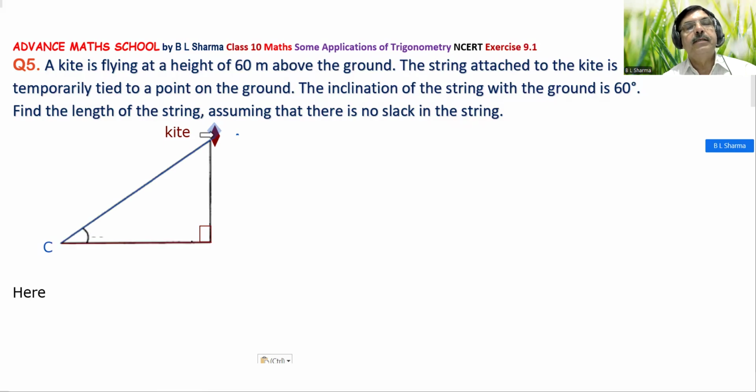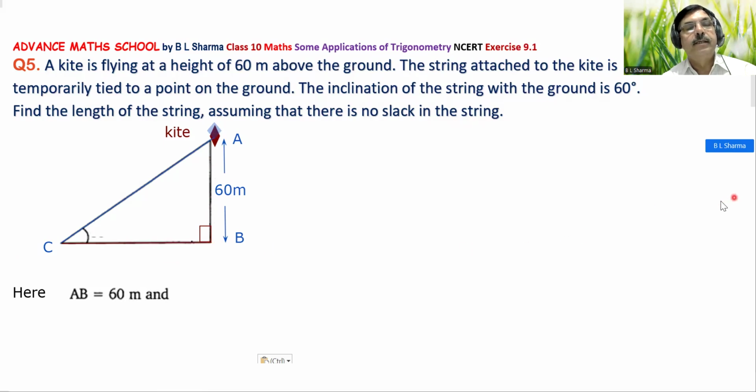This is kite. Here AB is 60 meter. A kite is flying at a height of 60 meter above the ground. This is ground, and the height of this kite is 60 meter above the ground.